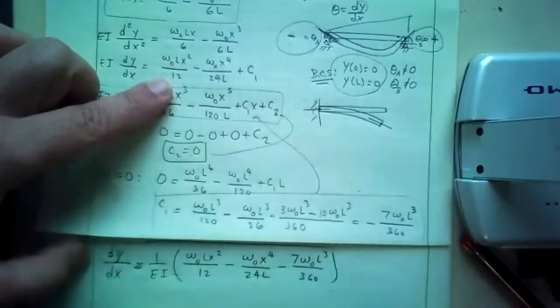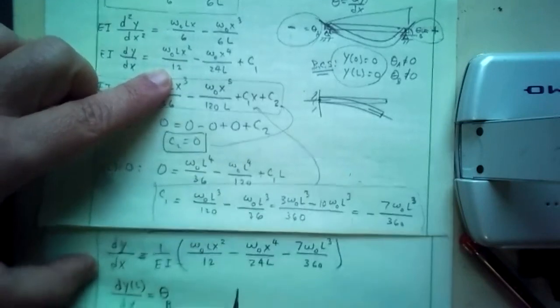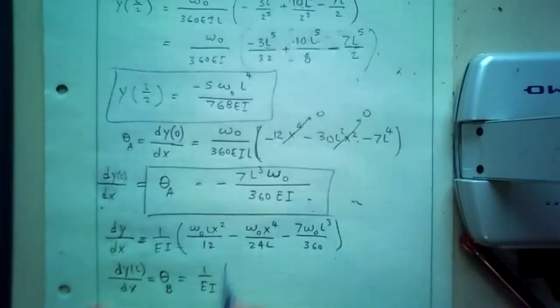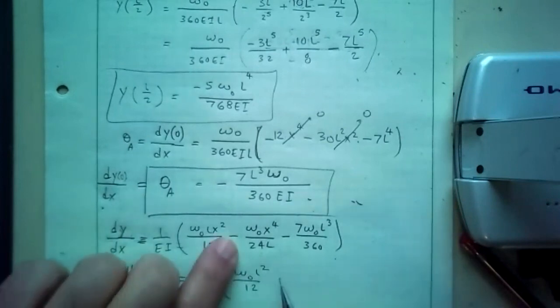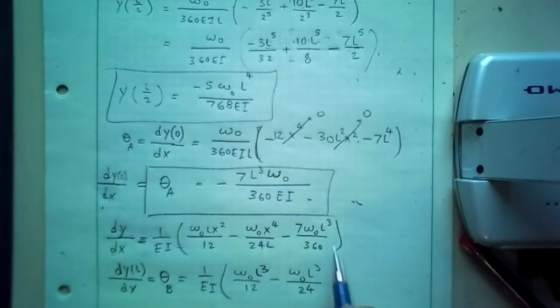And I want to find the slope at L, which is the same as theta B. For x, I put in L, so I get W naught L squared over 12 minus W naught L squared times L cubed over 24L, one of the L's cancels, giving W naught L cubed over 24, minus 7 W naught L cubed over 360.